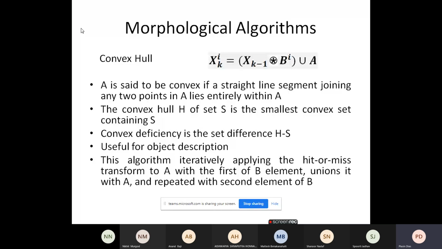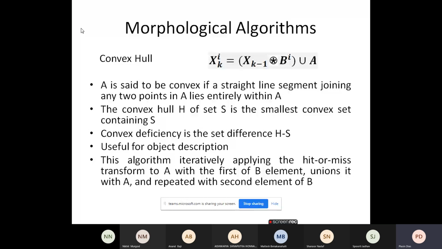Okay, so whenever we have an image A, that particular image is said to be convex if the straight line segment joining any two considered points in A lies within the area of A, isn't it?